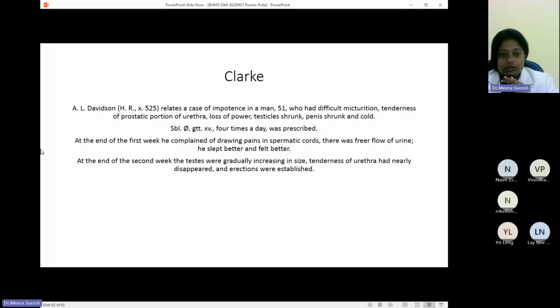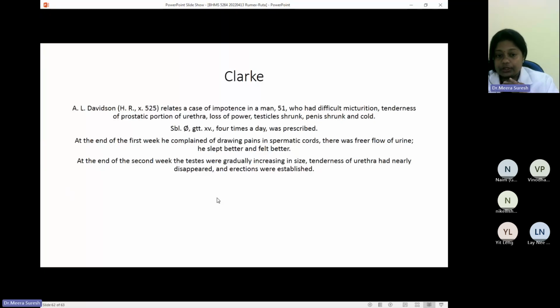Another one: a person with impotence, difficulty in micturition, testicles shrunk, penis shrunk. Sabal tincture, 15 drops, 4 times a day was prescribed. At the end of the first week, he complained of drawing pains in the spermatic cord.